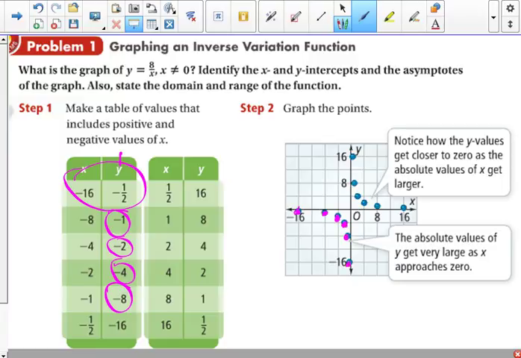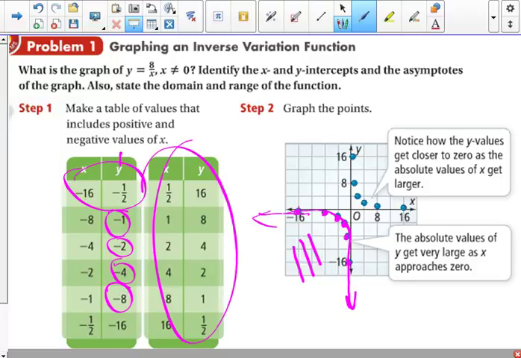That's enough to say this is going to look like this. So there's your third quadrant. Now let's look at our positive values, and when you plot all these points and connect them with a smooth curve, you're going to get this.